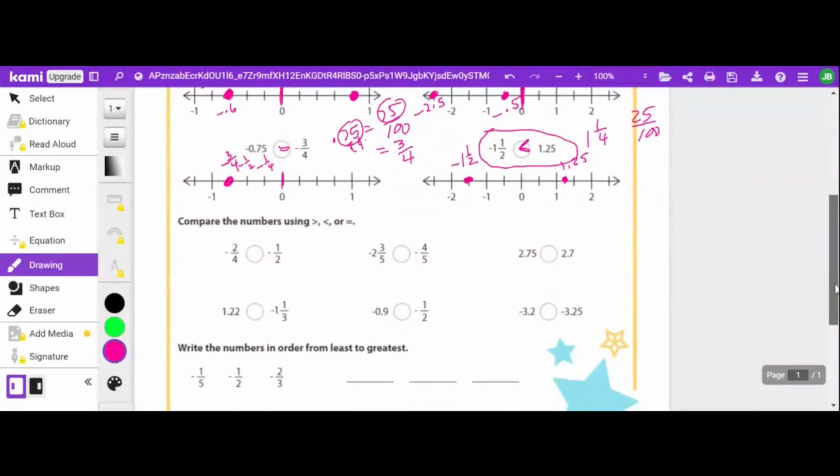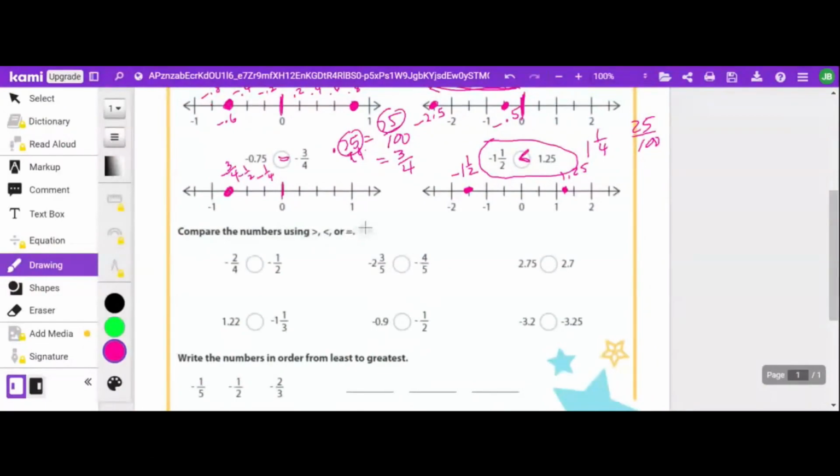Okay, on this next part, it wants us to just put greater than or less than or equal to. Well, I've got negative 1/2 and negative 2/4. One of those is not reduced. We can reduce one of those fractions.